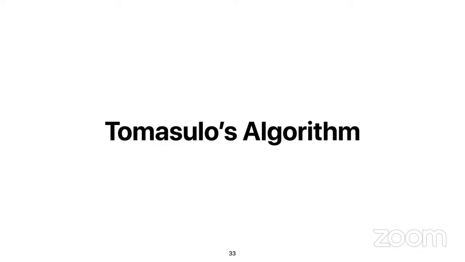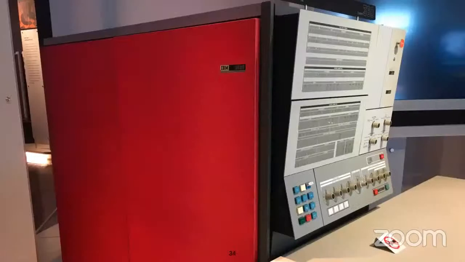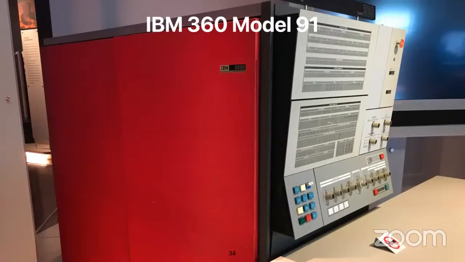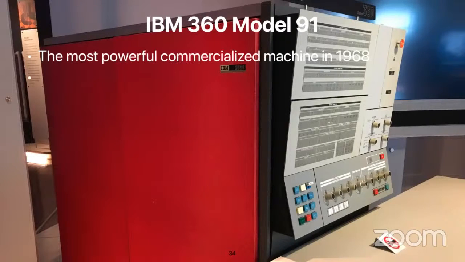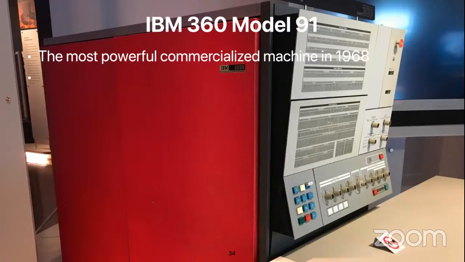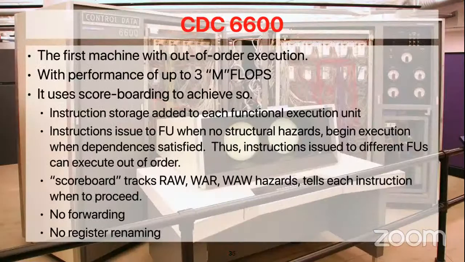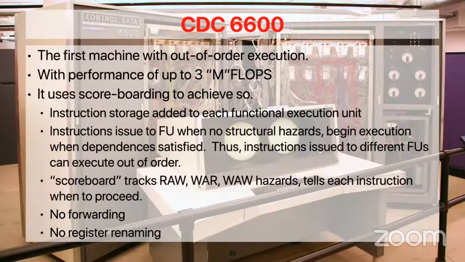This machine is called IBM 360 Model 91, and it's the most powerful commercialized machine in 1968. And I guess most of us were not born at that time, including myself. And this is the first machine with out of order execution. So the Tomasulo algorithm was implemented in IBM 360.